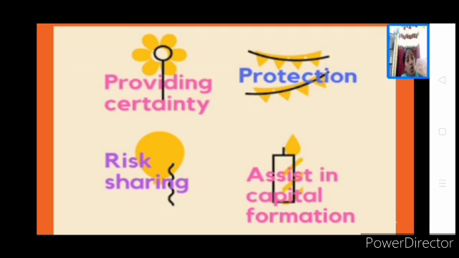Many people don't come forward to do a particular business activity because they know the risk involved and they may lose some of their money. If such certainty is given by the insurance companies that if you face the loss, it's we who are going to pay on a sure basis, then many will come forward to do business. That is what we say, it provides a certainty of compensation.